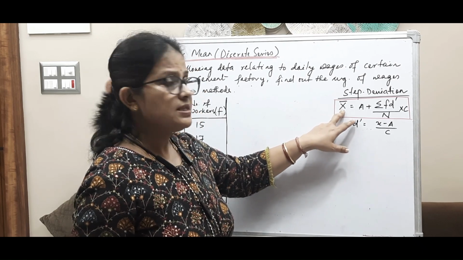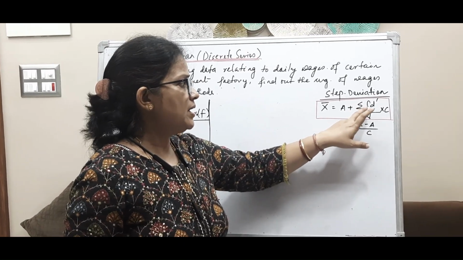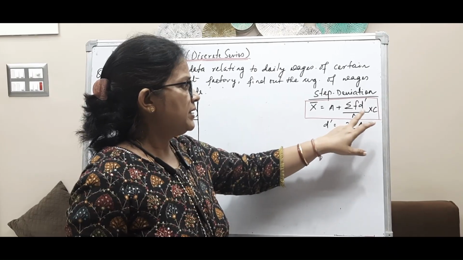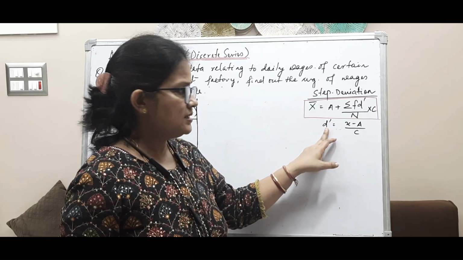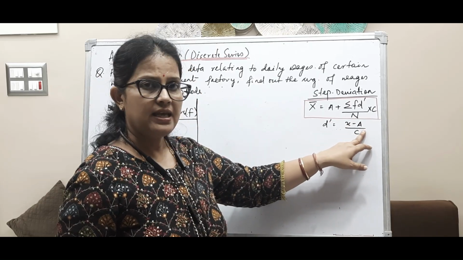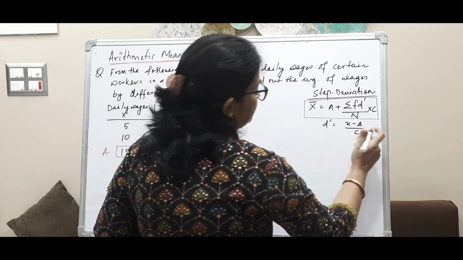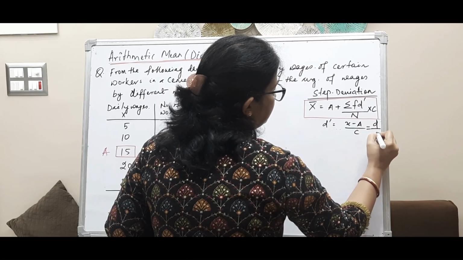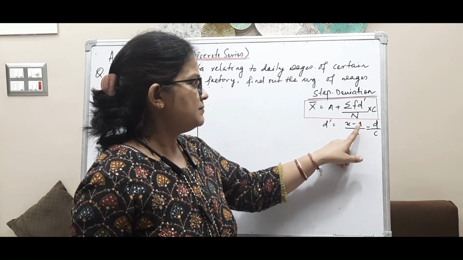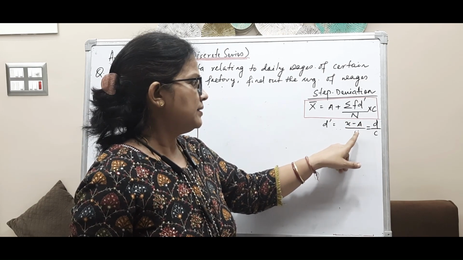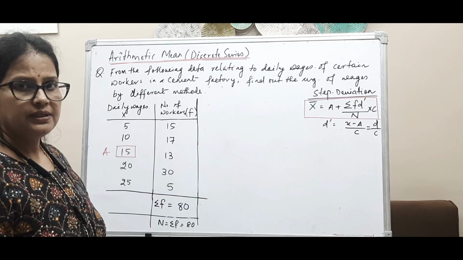So x bar equals a, our assumed mean, plus sigma of f d dash divided by n, into c. C is the common factor. D dash is equal to x minus a divided by c, which we can also write as d by c, because our d is nothing but x minus a. Let us start how we are going to calculate x bar.